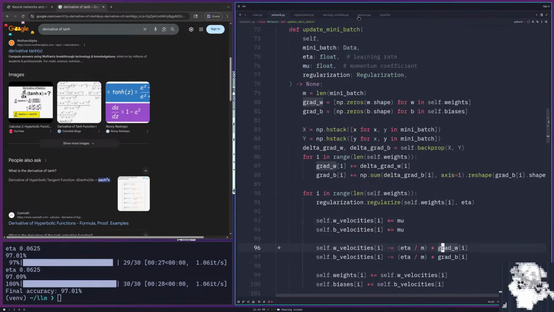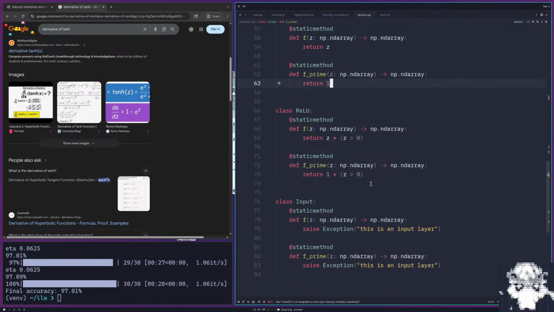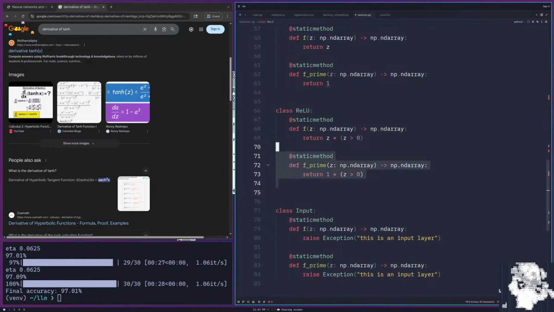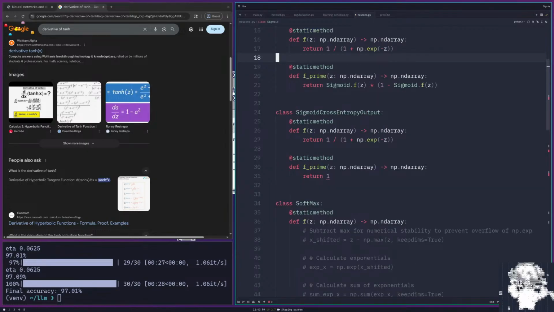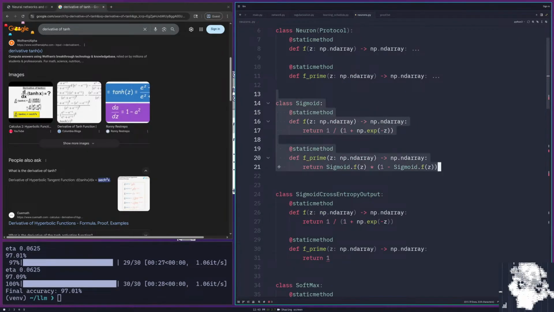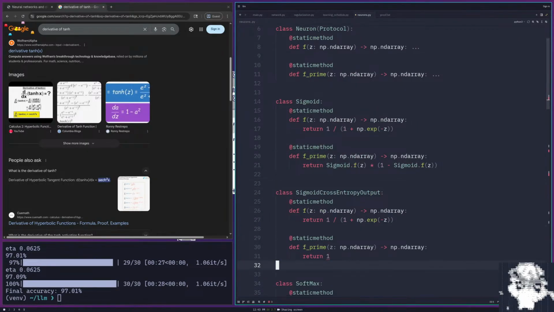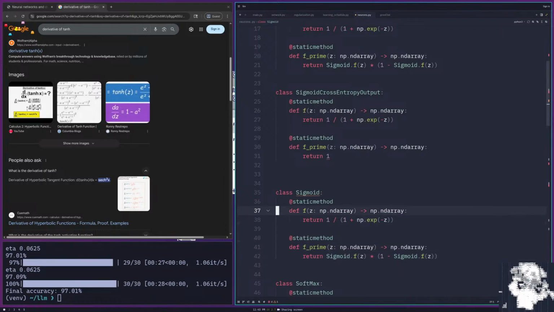All right, well, let's try it. Here, let's copy the sigmoid one. Tanh. Return np.tanh.